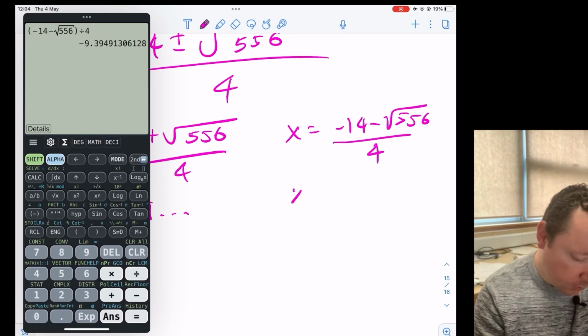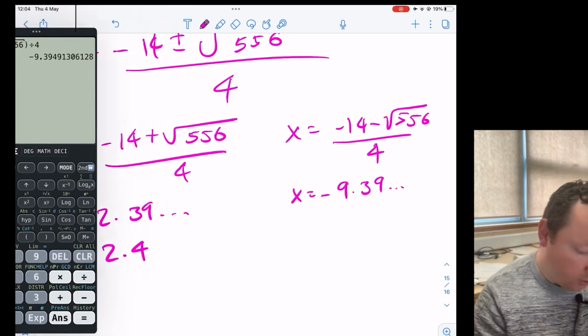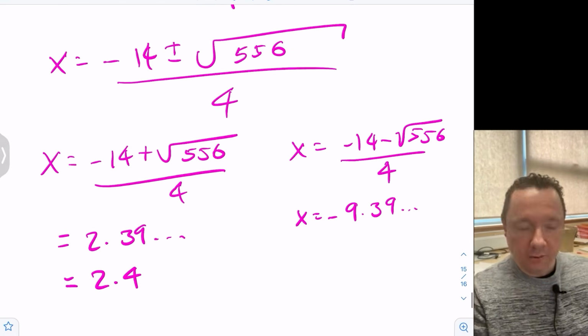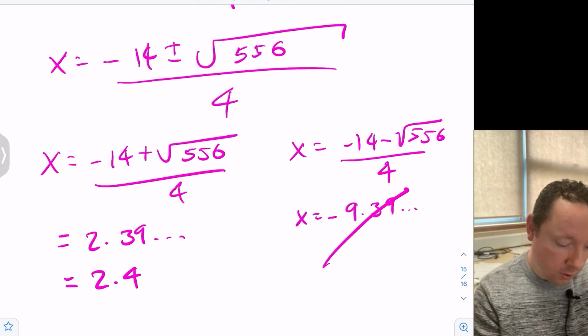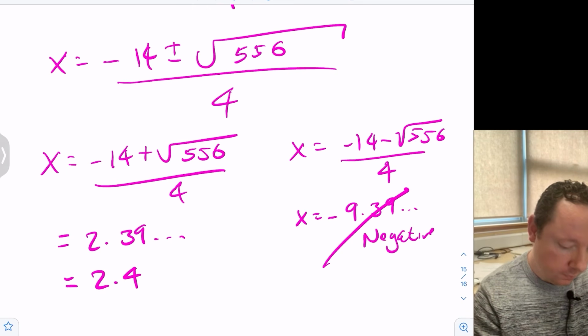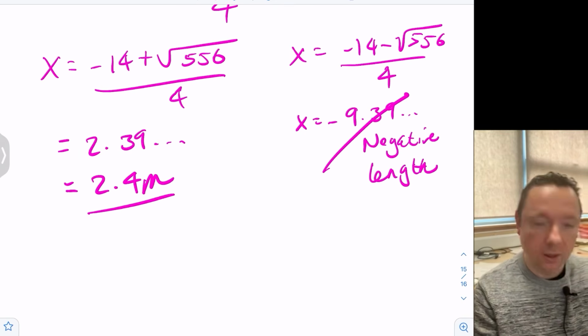We've got x equals minus 9.39. I'm not even going to round that one because this is the breadth, so that isn't the one we're going to use because you can't have a negative length. So therefore our only answer is 2.4 metres and we're done there.